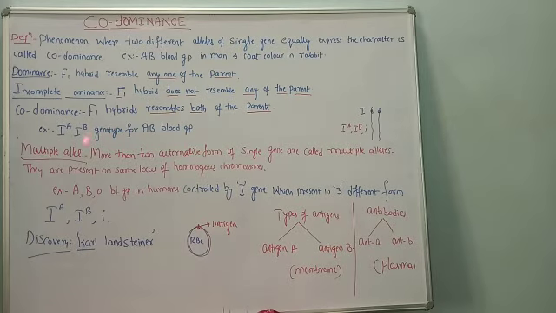Remember, the best example to understand codominance is the blood group in humans, the AB blood group.